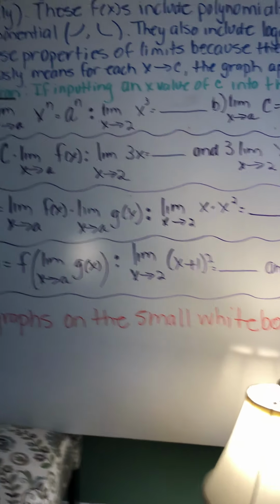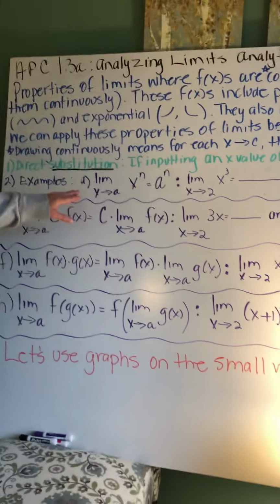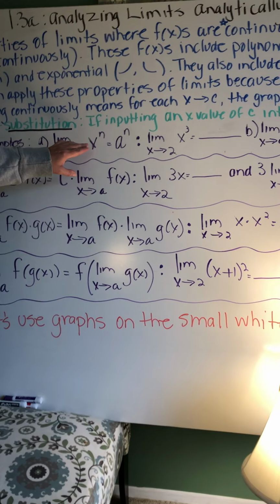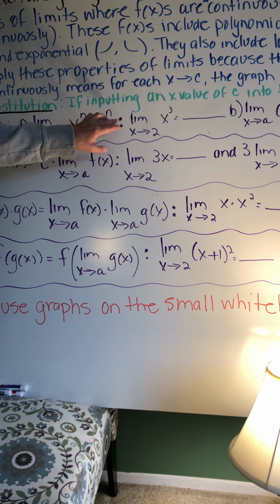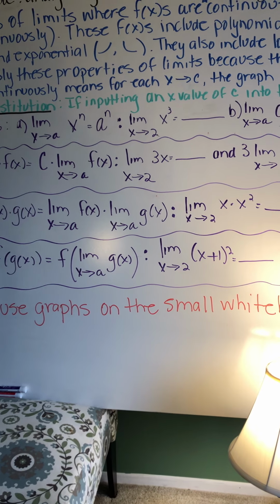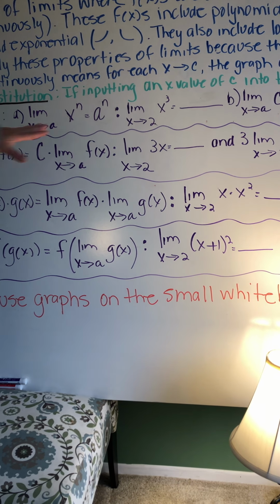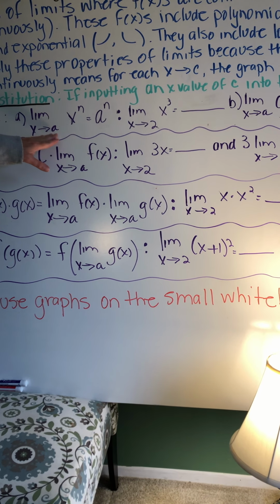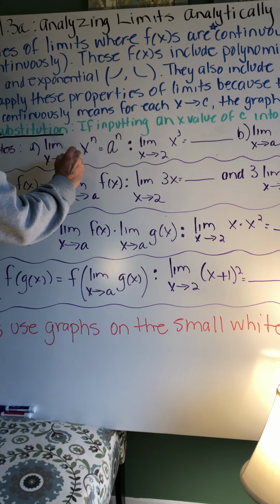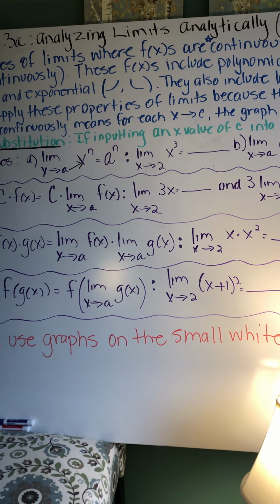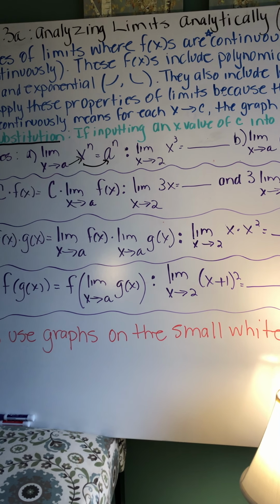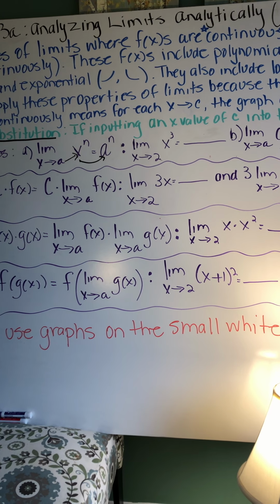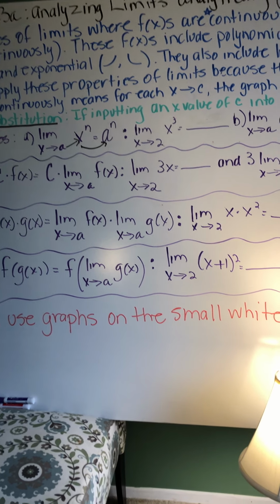So on A, the limit as x approaches a of x to the n equals a to the n. Notice what they've done here is I've said if you've been offered a limit as x approaches a value, if you can put that a in for the x and actually produce a y value, a limit, you're done, you solved it.